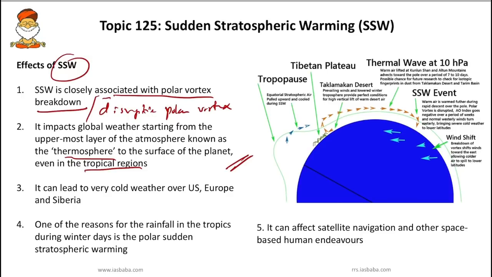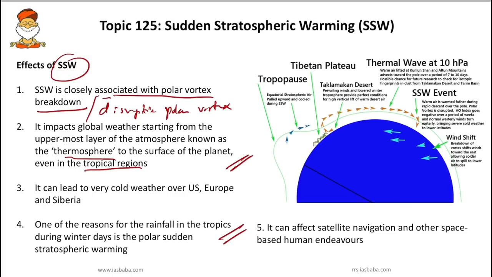According to some recent research and scientists and also the IMD, southern India, which received unusual heavy rainfall during the month of January, is attributed to this sudden stratospheric warming. Scientists say one of the reasons for the rainfall in the tropics, especially over Tamil Nadu during winter days, is this polar sudden stratospheric warming.